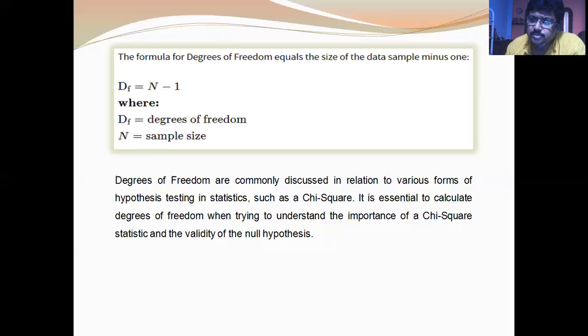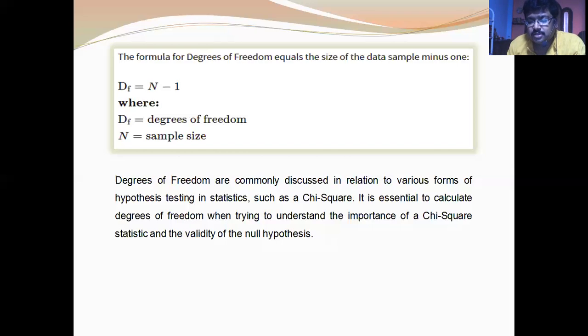If the difference between the observed data and the estimated data is large, then we can say that the chi-square test is insignificant.